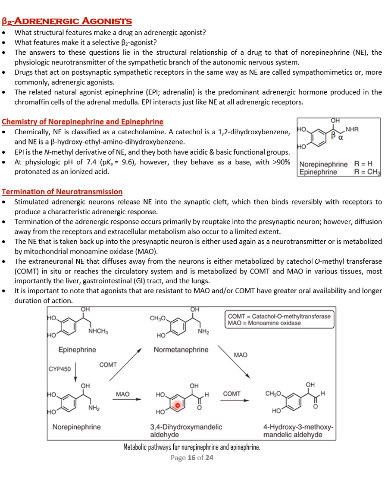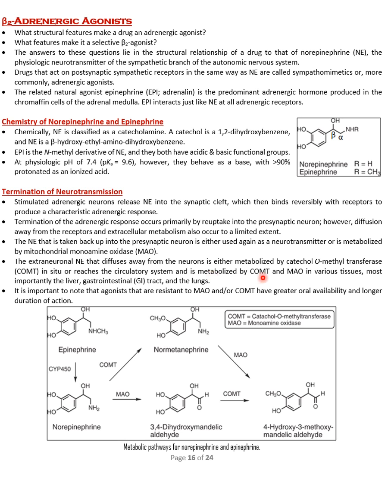Now the other ones that stay in the synaptic cleft and diffuse away from the neurons can reach the circulatory system, or they stay in the synaptic cleft. These can be metabolized by not only the MAO, monoamine oxidase, but also by the COMT.